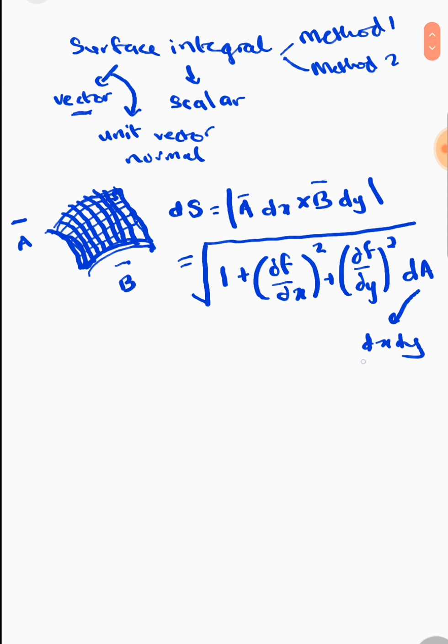Please know that dx dy will not be fixed. It will be according to what you actually have or what's given in your surface, or where your object or surface lies. So if, let's say, it lies in the YZ plane, then it will be dy dz instead.